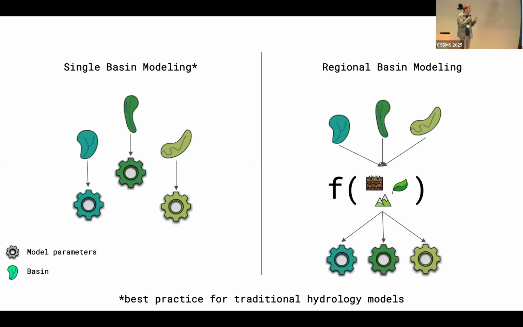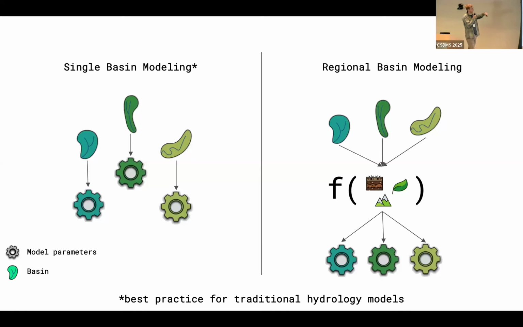Yeah, and then if we look at how we set up these models, there's essentially 2 ways. One is single basin calibration. So we take one particular basin, one watershed. We have observations and we calibrate the model parameters, usually a handful, a few dozens, specific to the observations of one particular region, right?